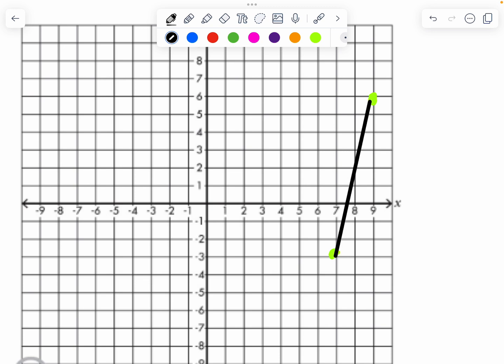Now I need to find a point to plot that's going to make this into a right triangle. Remember, you can have 2 different answers. Doesn't matter as long as they're on the same line. So I'm going to, at 9 and -3 would be 1.